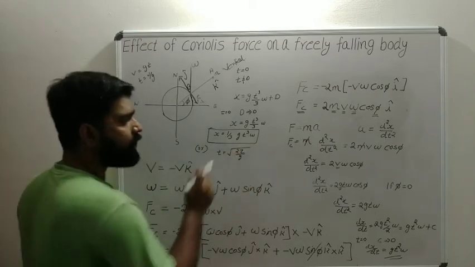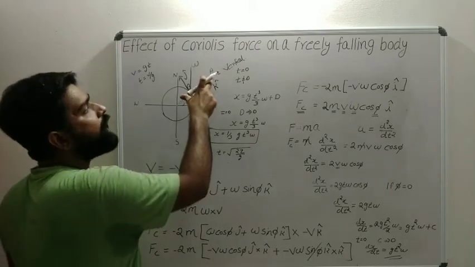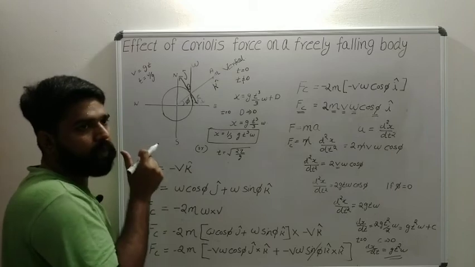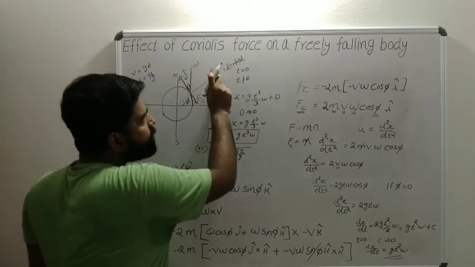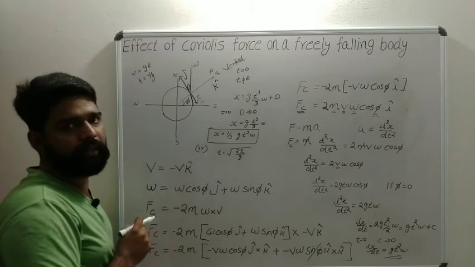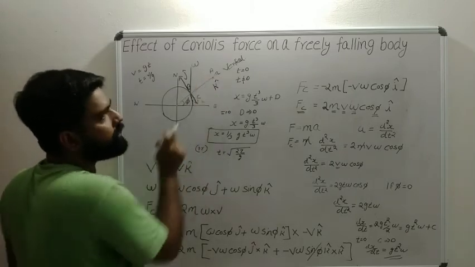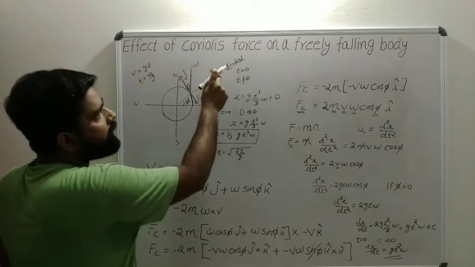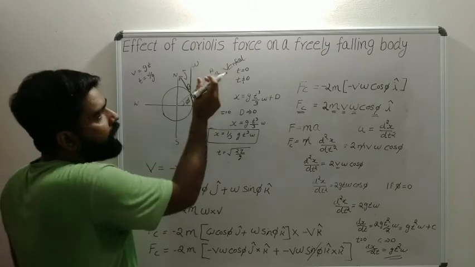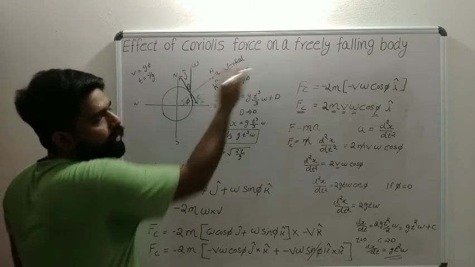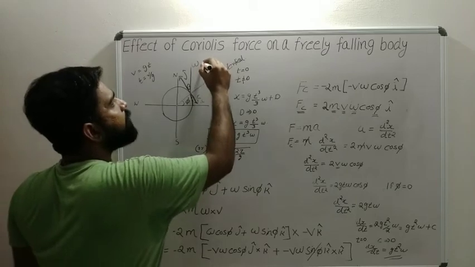What does this z represent? The height of the object, or the distance between the initial position of the object and the surface of earth. For example, if we consider this is a tower, and at the top of the tower we allow an object to free fall, and the height of the tower is 100 meter.